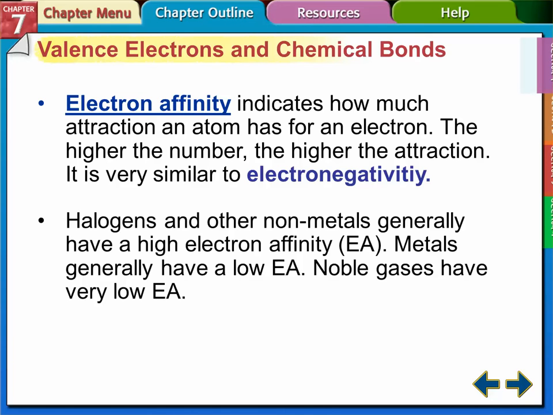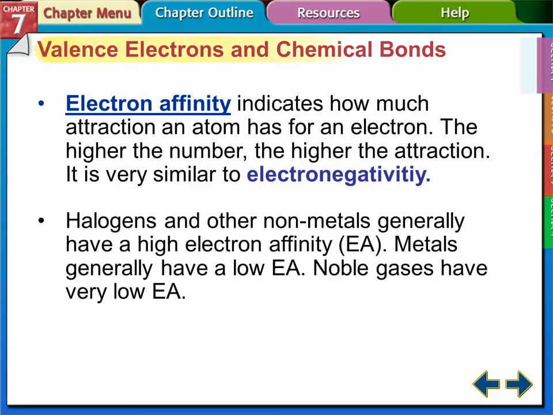Okay, so halogens and other nonmetals generally have a high electron affinity. The halogens, remember, are group 17, and they just need one more electron to create the octet. Nonmetals are generally on the upper right side of the periodic table, not including the halogens, not including the noble gases, so they want to grab one or two or maybe 3 electrons.